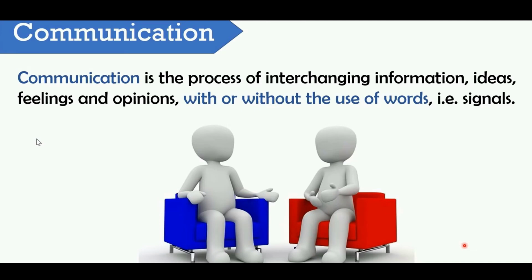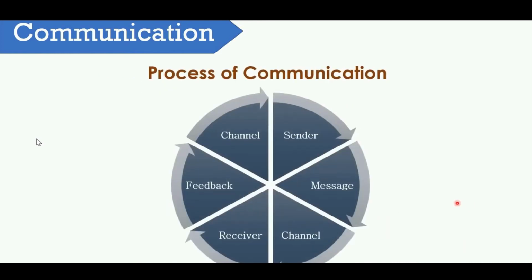So now we are going to understand the process of communication. In the process of communication, the sender encodes a message and sends it through a proper channel, that is email, phone, SMS, etc., to the receiver. The receiver decodes the message and after interpreting it, gives proper feedback through a proper channel to the sender.